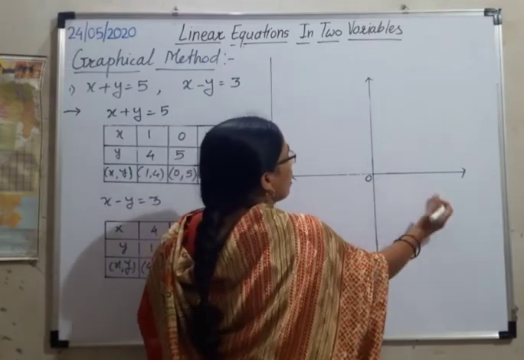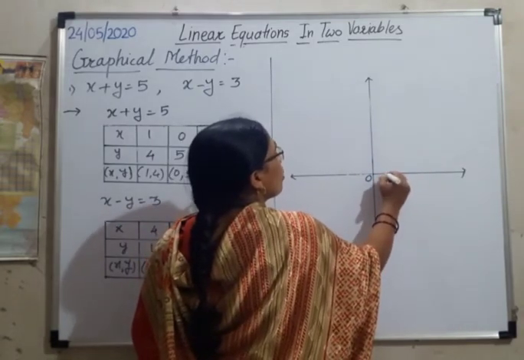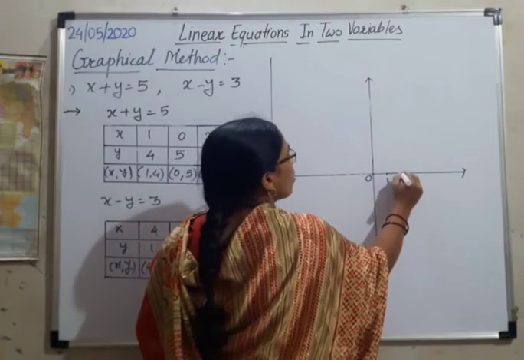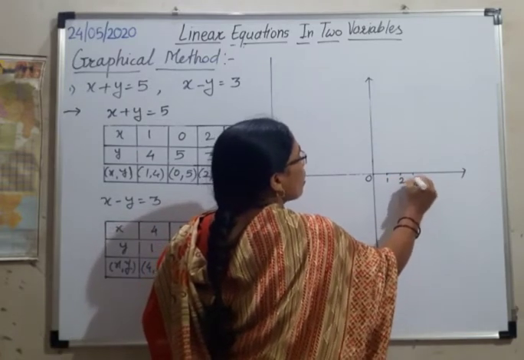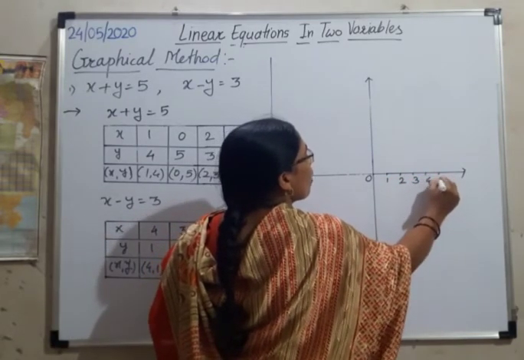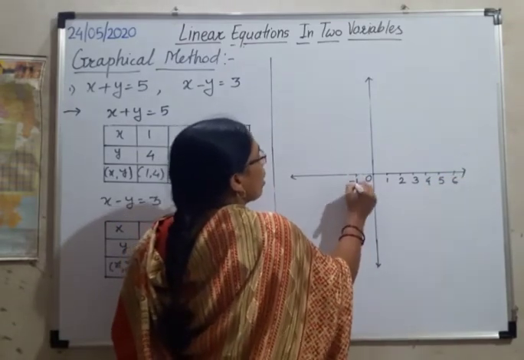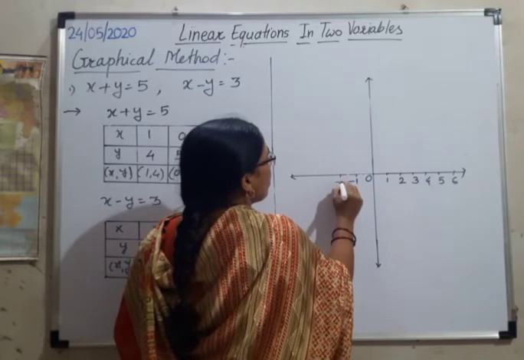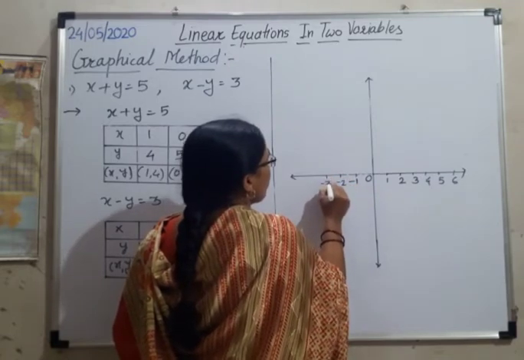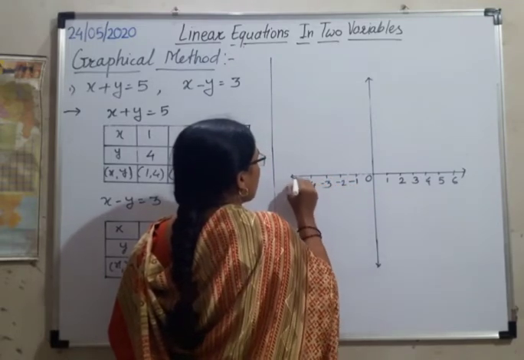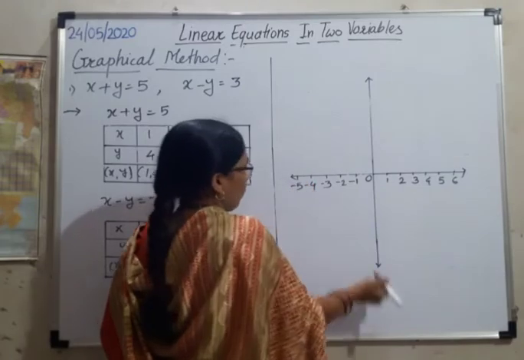To the right side of the origin on the x-axis, positive points are there: 1, 2, 3, 4, 5, 6. To the left side, negative points are there: -1, -2, -3, -4, -5.